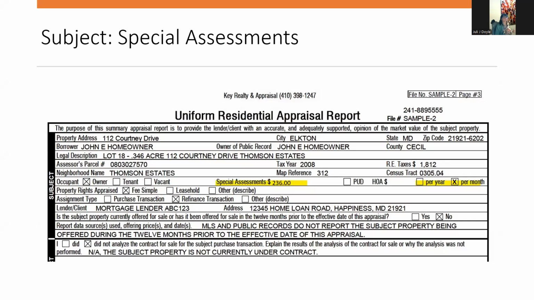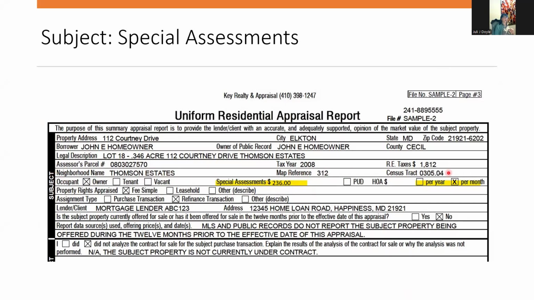Now, most assessments are listed inside of the title commitment. But if by some freak chance, and we're still in this subject section, guys, we happen to miss that special assessment inside of the title commitment, it's going to be here.